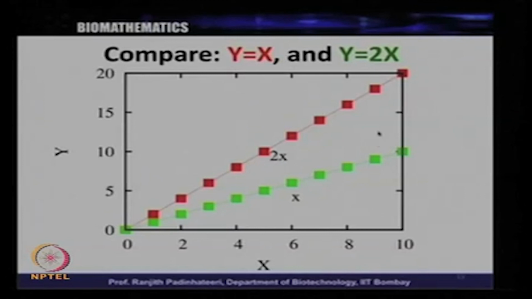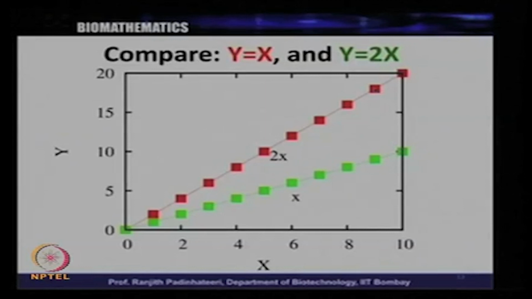As you can see, there is a difference. When x is 10, the y value is 10 for the y equal to x curve, and when x is 10, the y value is 20 for the red curve, which is y equal to 2x. In the graph, y equal to x and 2x are marked, so you can see the corresponding values for each x value, and the red curve values are twice those of the green values.